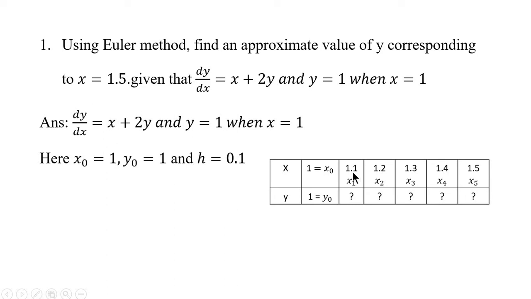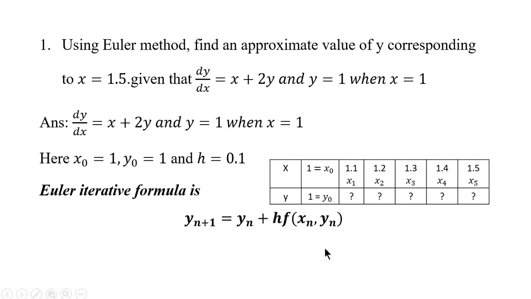So 1 plus 0.1 is 1.1. 1.1 plus 0.1 is 1.2. 1.2 plus 0.1 is 1.3. 1.3 plus 0.1 is 1.4. Plus 0.1 is 1.5. So finally we can find out the value of y when x is 1.5. So we have to do 5 steps to find out the value of y when x is equal to 1.5.